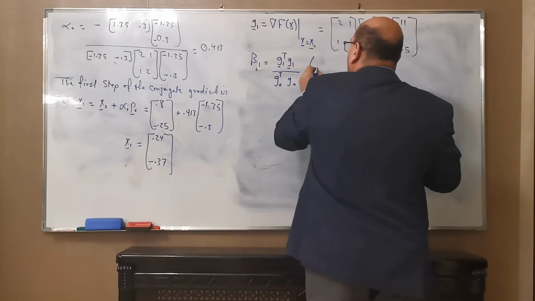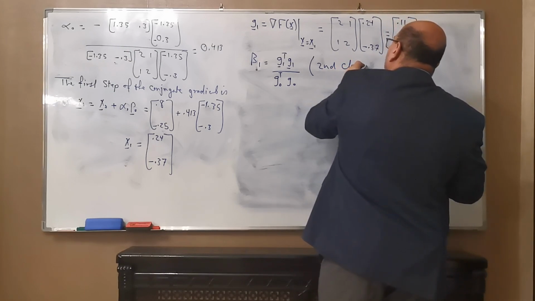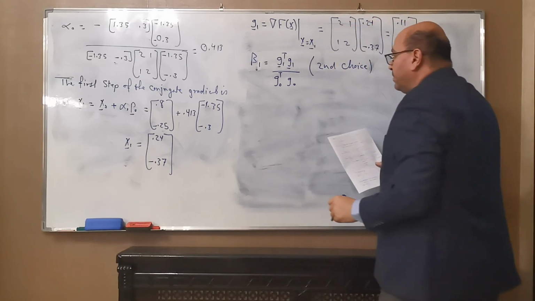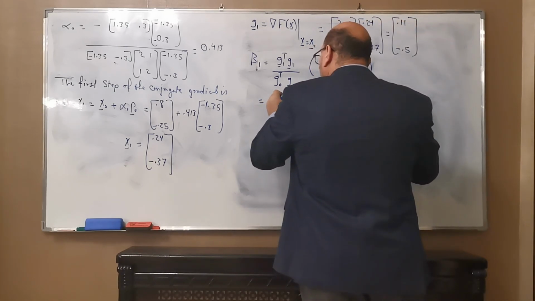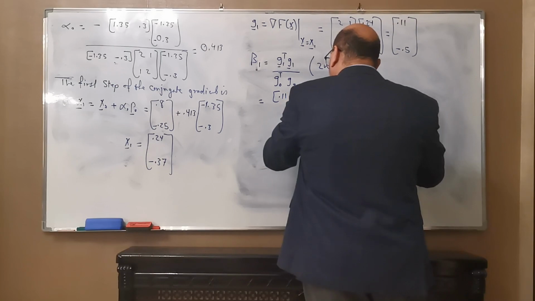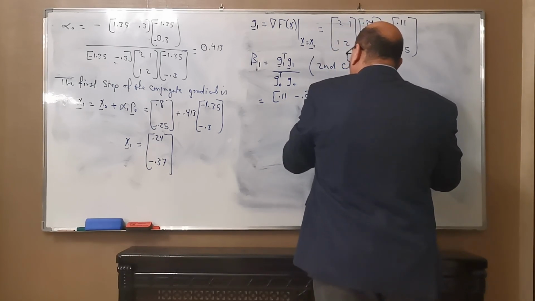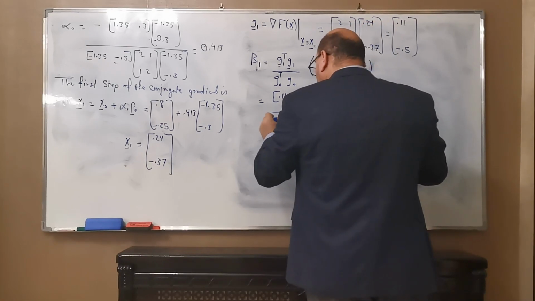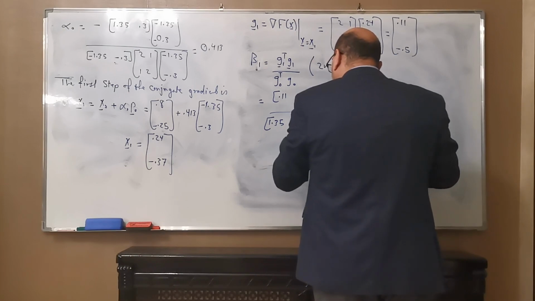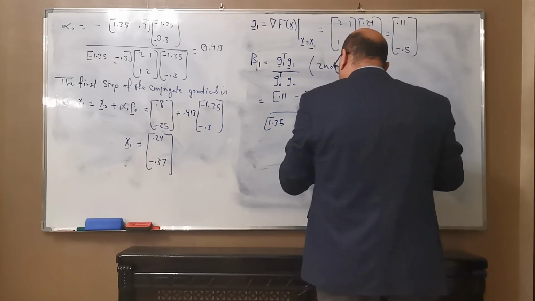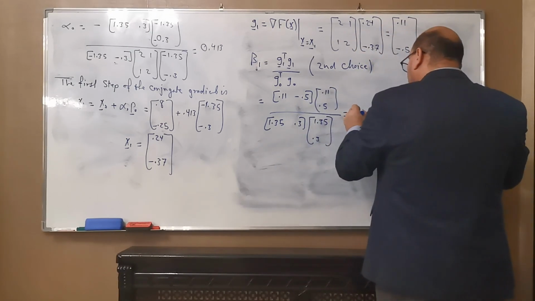This is the second choice of beta, and if you calculate this, you have (0.11, -0.5) times (0.11, -0.5) over (1.35, 0.3) times (1.35, 0.3).